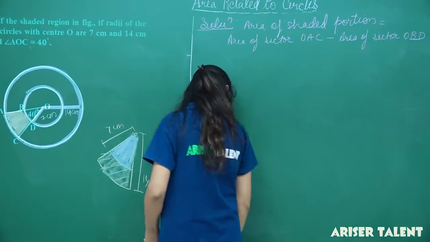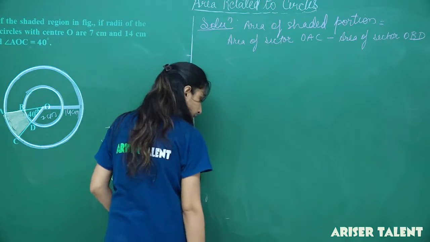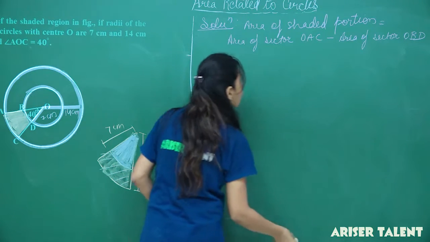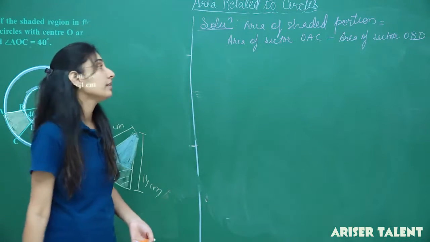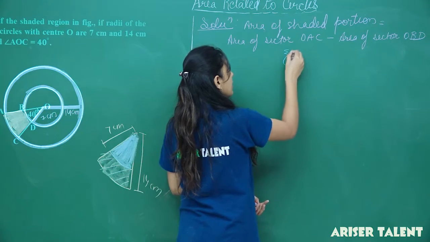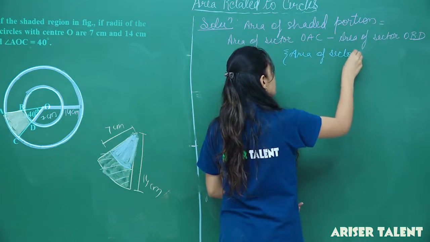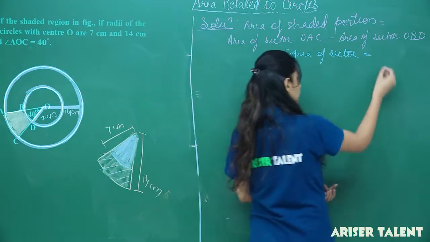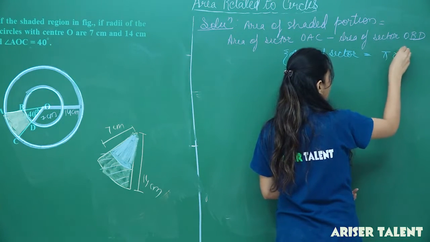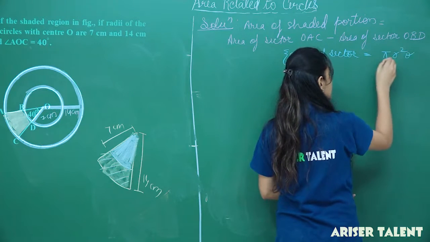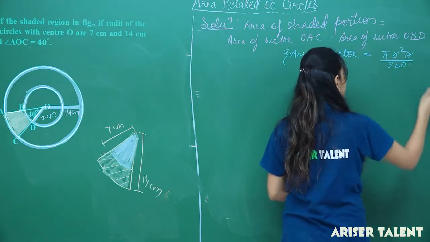Now we know, students, the formula for the area of a sector. Area of sector equals pi r square theta by 360.